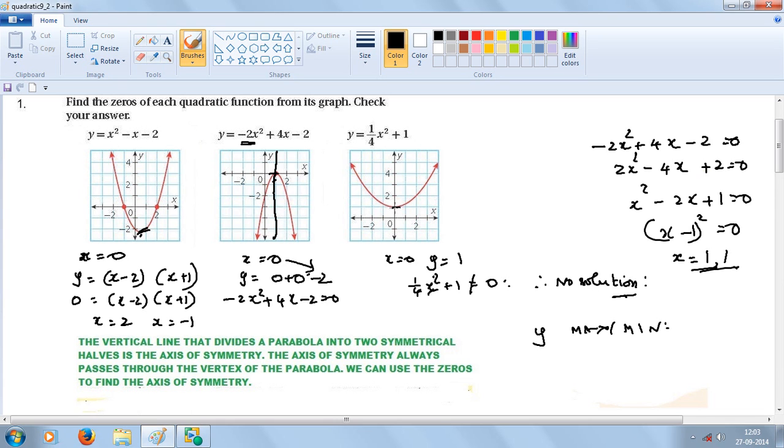So in this case, the y-axis is the axis of symmetry. So the third case, see, this y-axis is the axis of symmetry. So with this axis, this parabola is symmetrical.